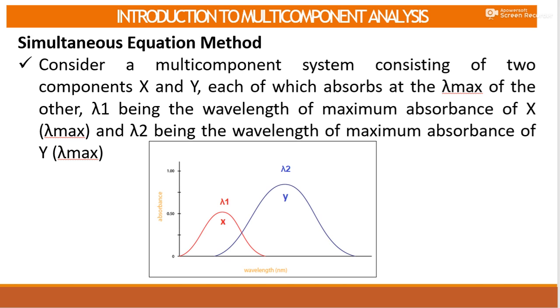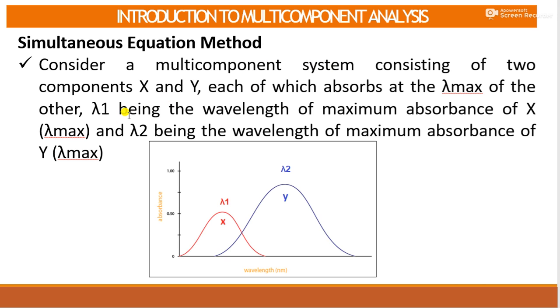Now we will learn about multi-component analysis by the simultaneous equation method. You have to consider a multi-component system consisting of two components x and y, each of which absorbs at the lambda max of the other.